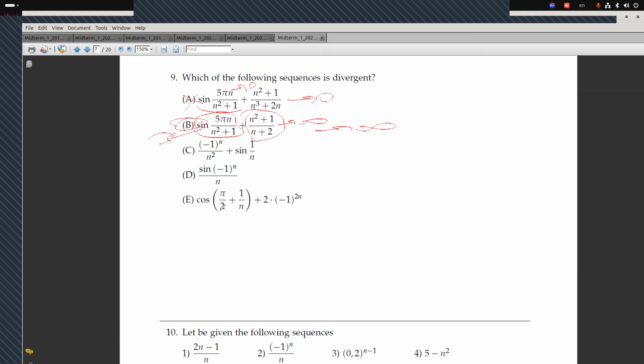Here again 0. This tends to cosine of pi half. 2. What is this, guys? It is 2. And the root. Minus 1 to the power 2n is always 1.